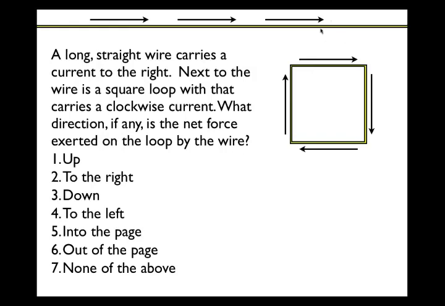And we would actually expect that because we just showed on the previous slide that when we have two wires carrying current in the same direction, they exert attractive forces on each other.